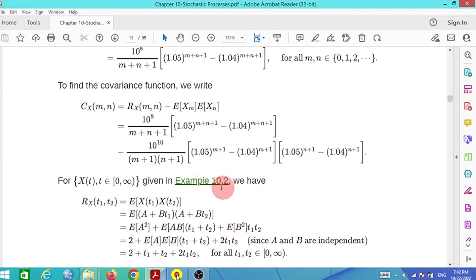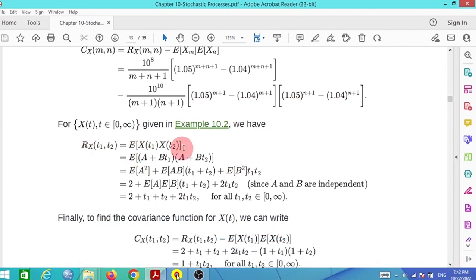For the other example, the autocorrelation function by definition is this. Replace the definition of x, multiply, and the expected value equals the sum of expected values. Replace the values and reach this value.